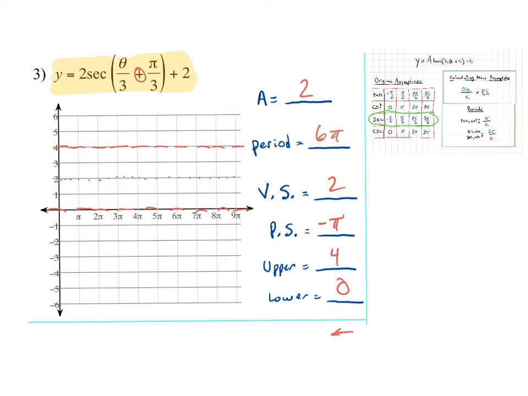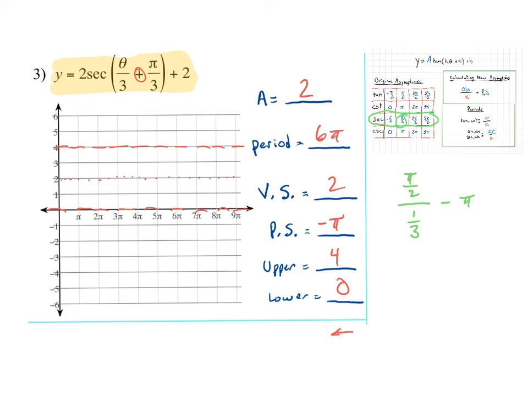Since my first asymptote normally is at negative pi over 2, but that's not even on my graph, I'm going to slide over and work on this asymptote that used to be at pi over 2. And I'm going to run through our process here. I take the old asymptote, pi over 2, I divide it by k, which is 1/3, and then I'm going to add in the phase shift, which is minus pi.